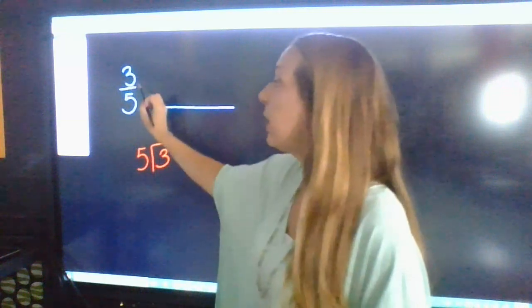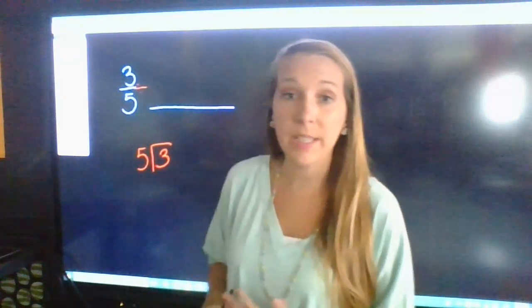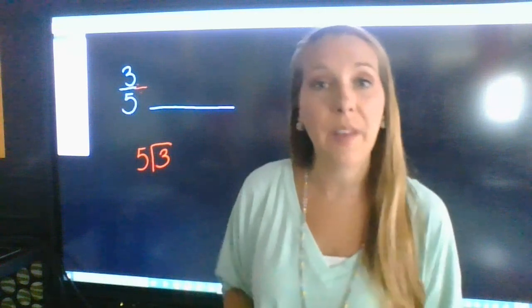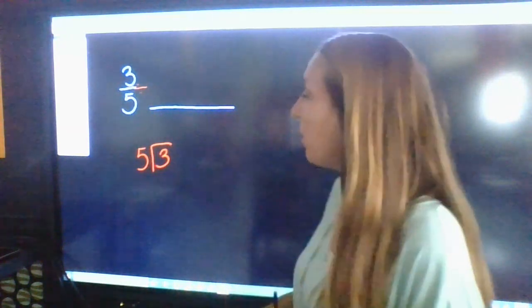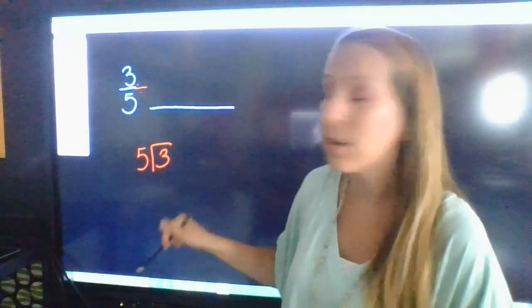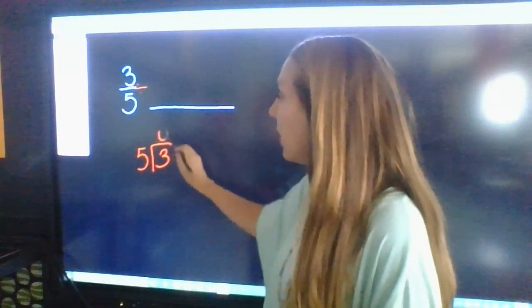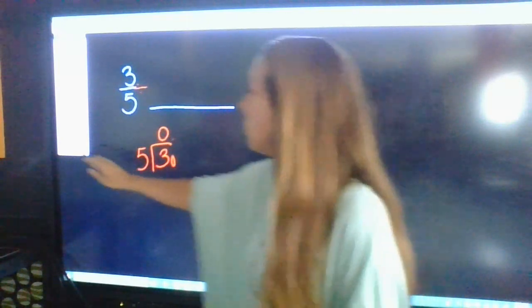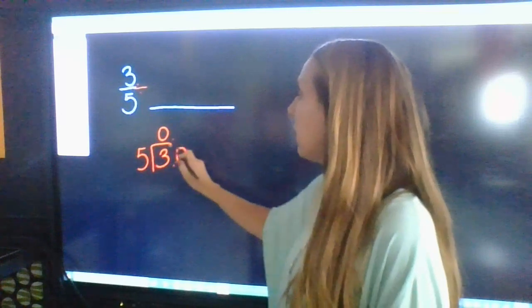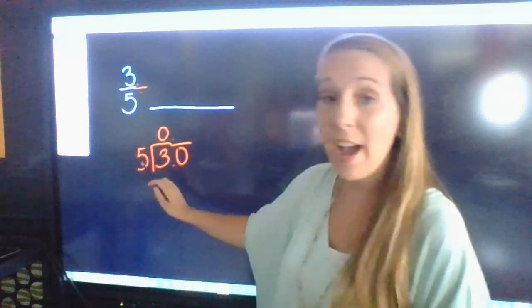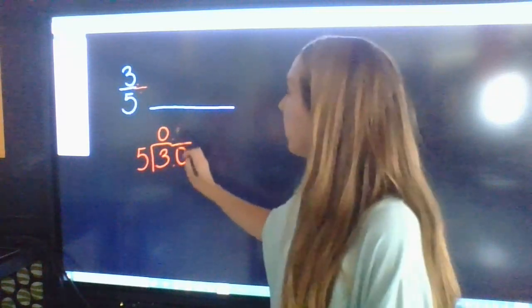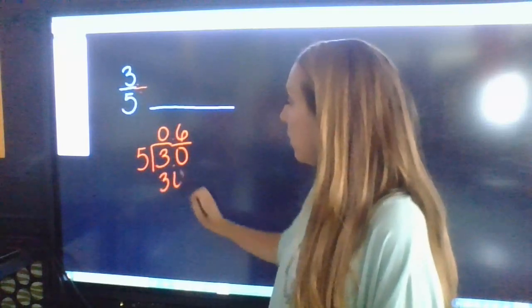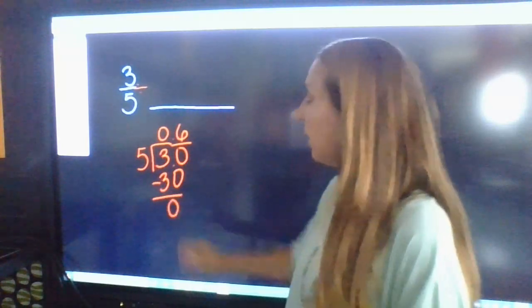Here we have 3/5. 3/5 is the same thing as saying 3 divided by 5. So 3 would go as our dividend and 5 is our divisor. 5 cannot divide into 3. So we're going to drop a decimal and a 0. Now 5 can go into 30 6 times. Then we subtract our 30 and we get 0.